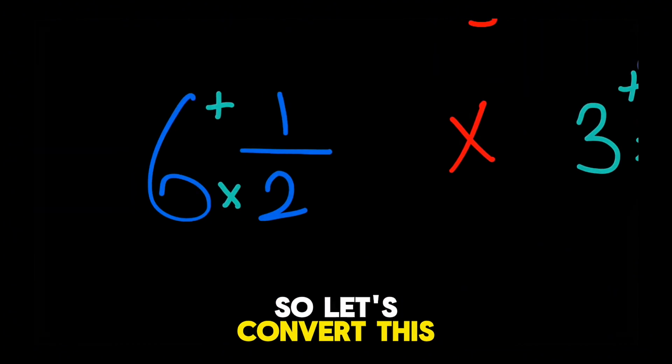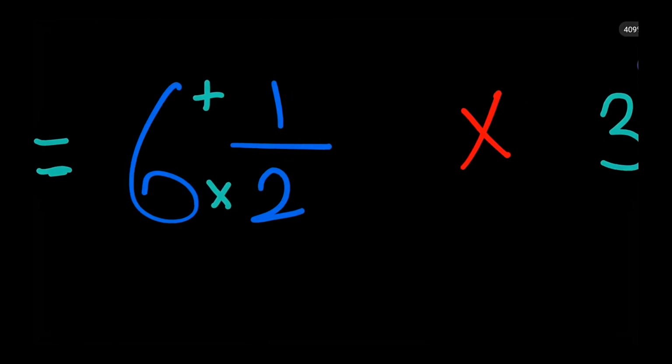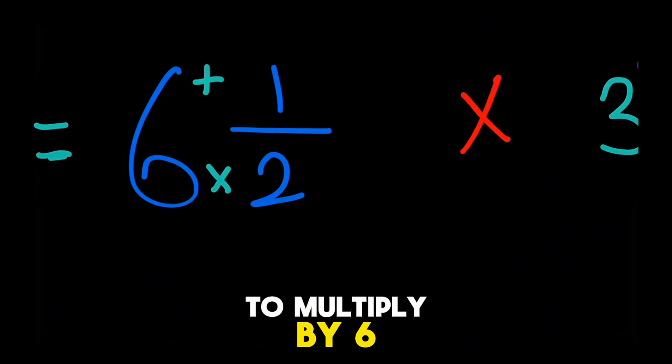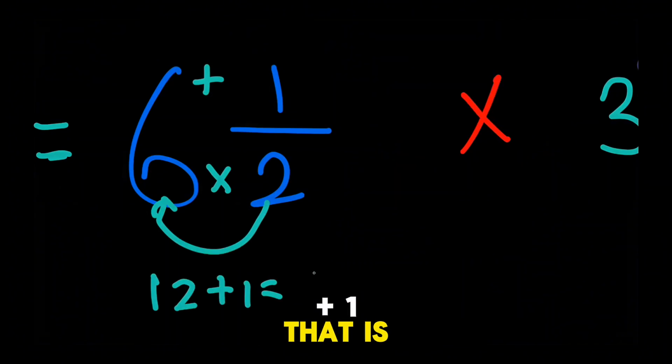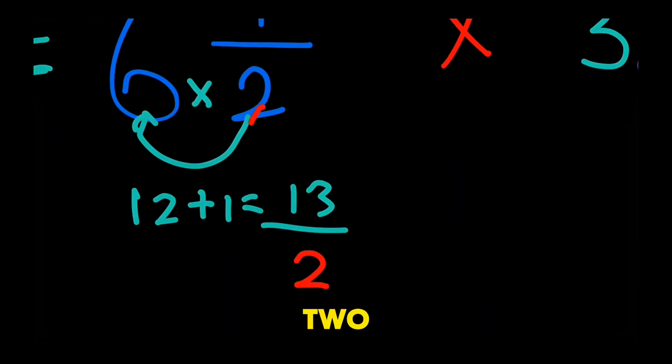So let's convert this mixed fraction into an improper fraction and then multiply. 2 multiplied by 6, that is 12. 12 plus 1, that is 13. And we retain the denominator, that is 13 over 2.